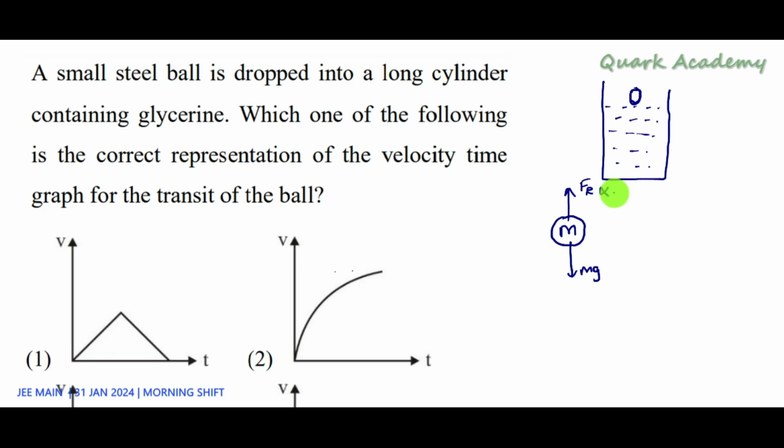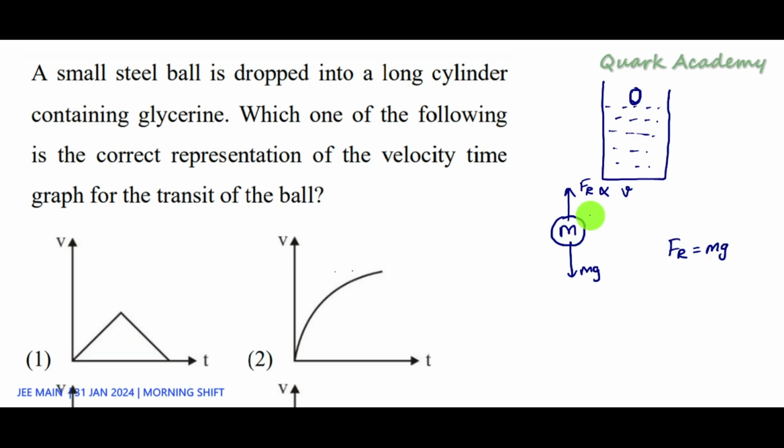Generally, this resistive force is due to viscosity, and it depends on the speed of the ball. As the speed increases, the resistive force will also increase. At a particular speed, the resistive force is going to be equal to mg, the gravitational force.